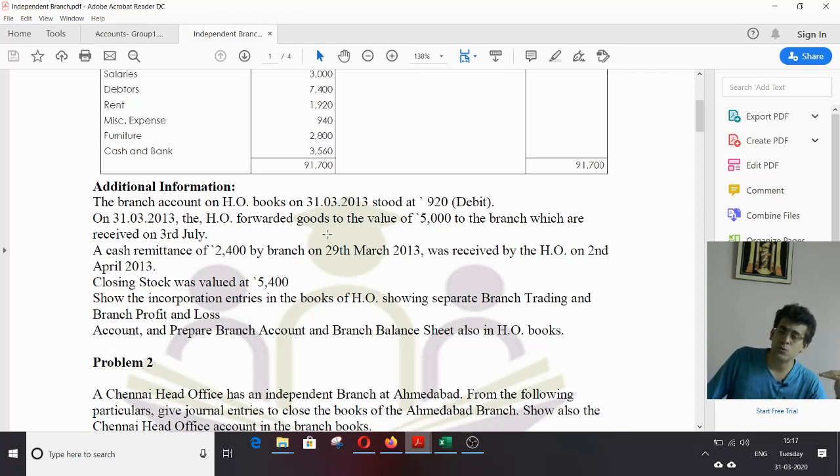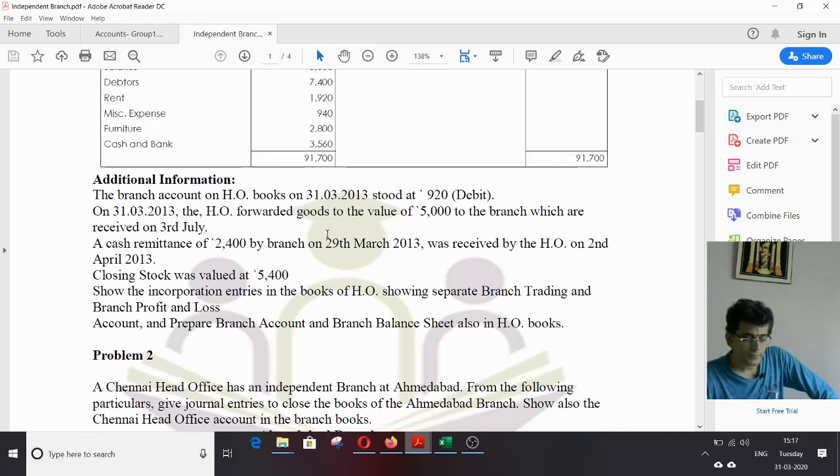On 31st March, the goods were in transit. Goods finally reached the branch office on 3rd July. Till that point of time, I should consider this as goods in transit. We need to record goods in transit. Then, let us see the other aspects.